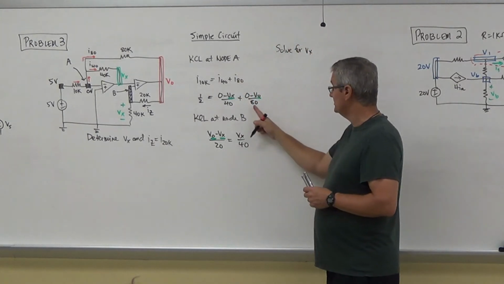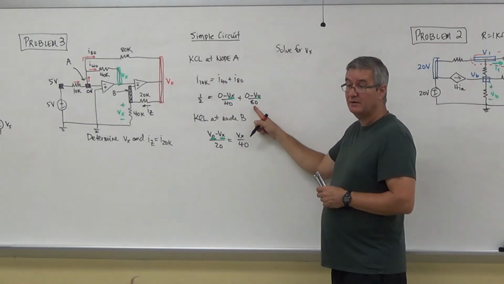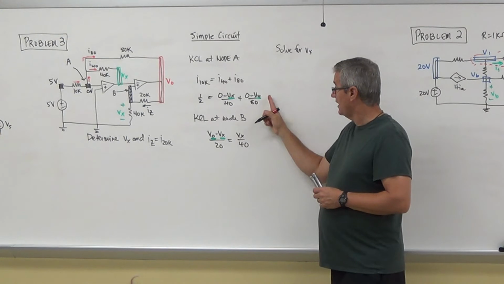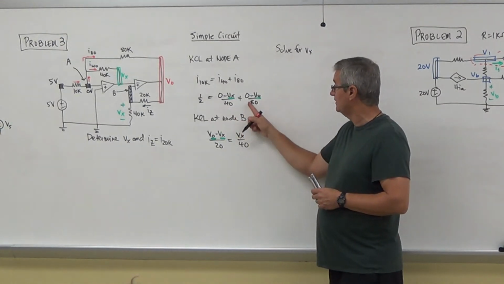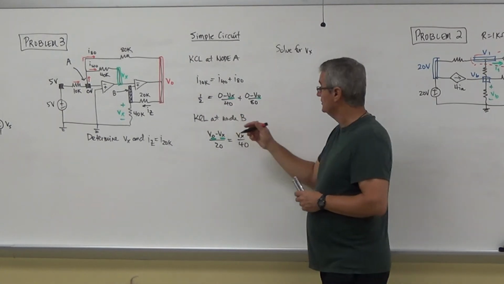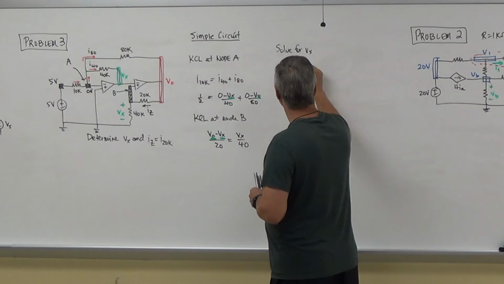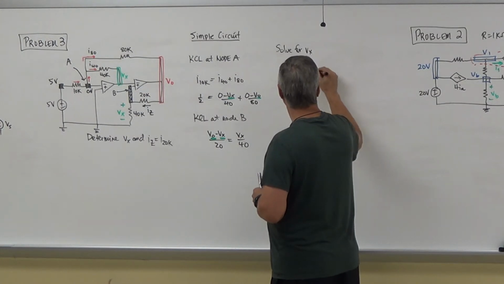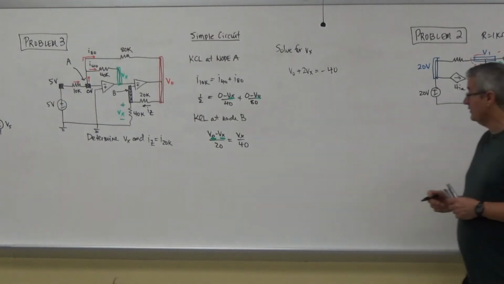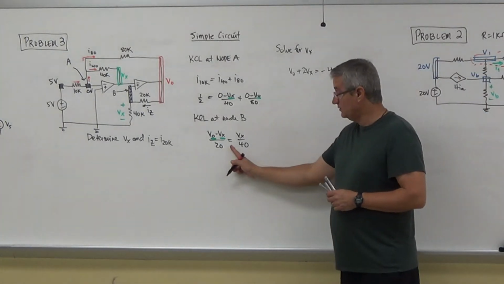So probably the easiest thing is to multiply through by negative 80. If I get negative 80 and I multiply the whole thing here, I should get V naught plus 2Vx minus 40. So I should get V naught plus 2Vx equals minus 40. And then if I look at this guy here, I'm going to do the exact same thing.